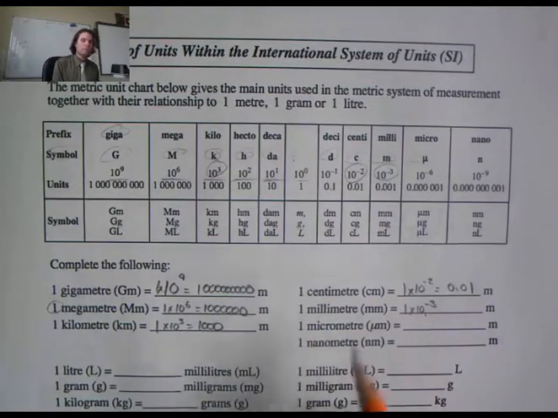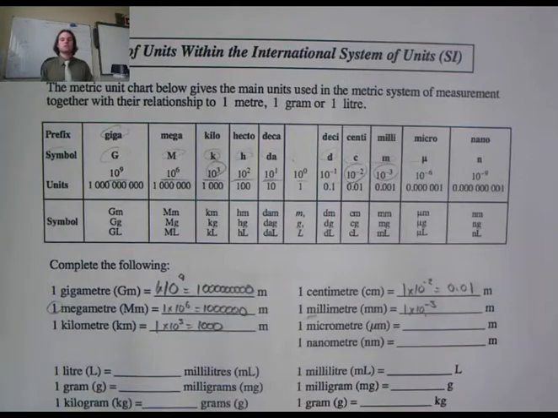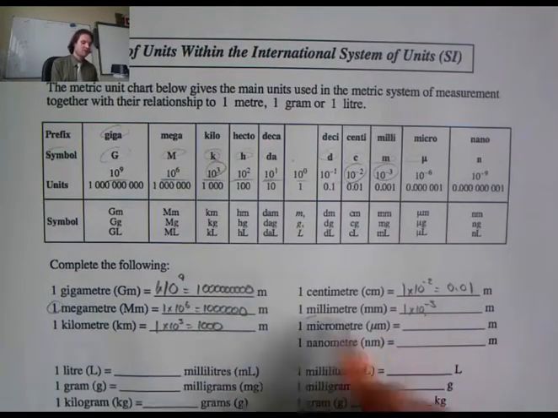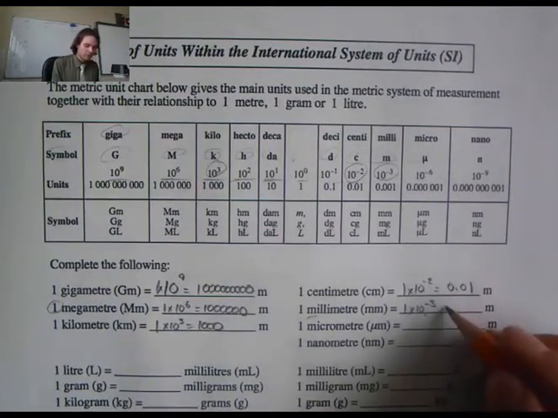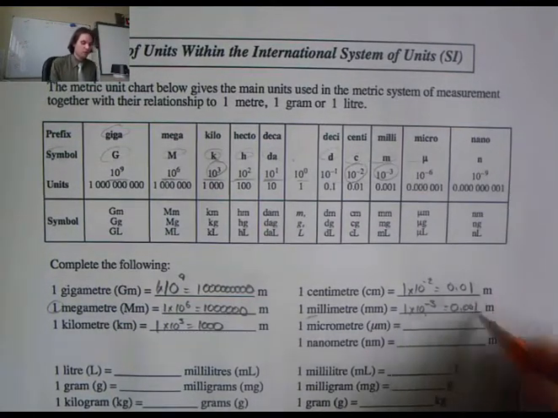Think of the millennium. The millennium was milli, 1,000. Okay, 1,000 years. 1,000 of these equals a meter. So it goes on like that. So this is the same as 0.001.